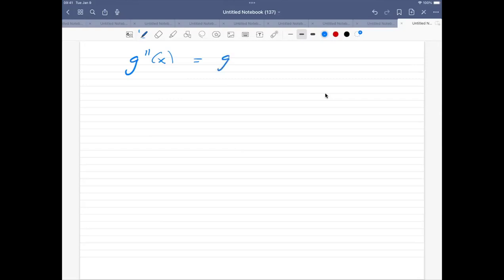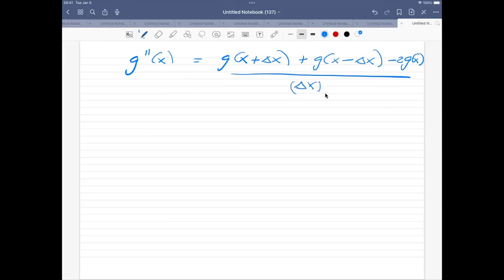This formula here is now given without any approximation by g of x plus delta x, from the Taylor expansion around x plus delta x and x minus delta x, minus 2 times g of x, divided by the step size squared, plus higher order terms.